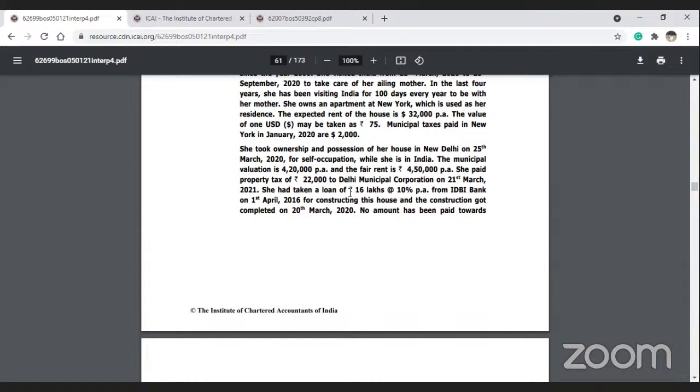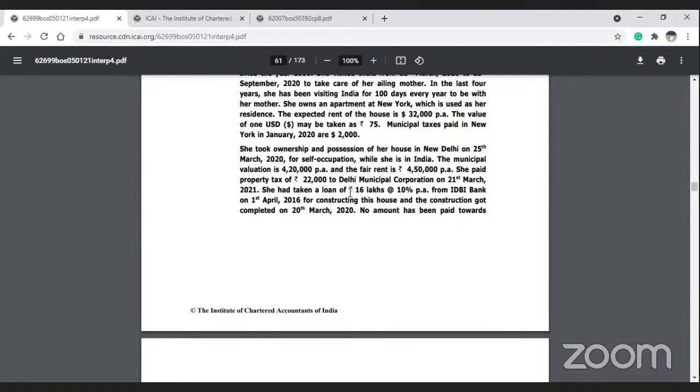Construction was completed on 20th March 2020, so the preceding 31st March is 31st March 2019. So 1st April 2016 to 31st March 2019 is our pre-construction period.